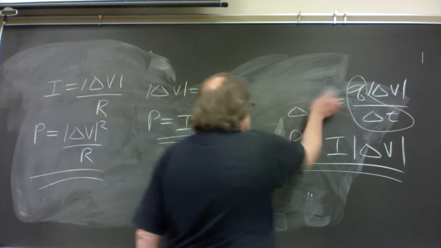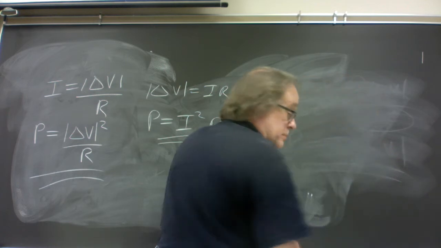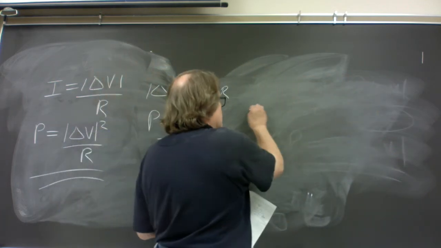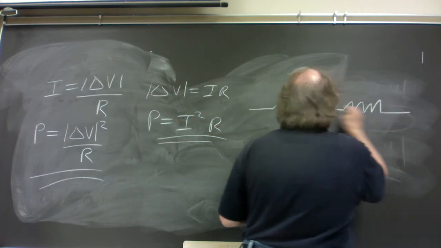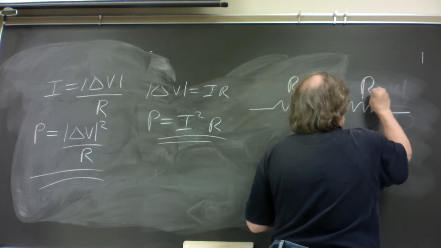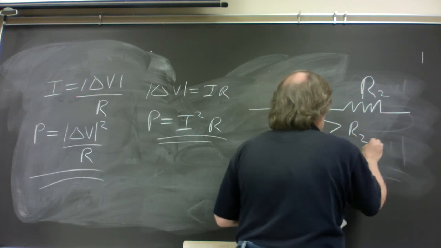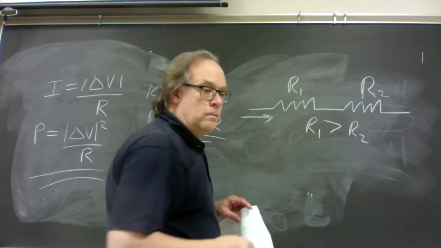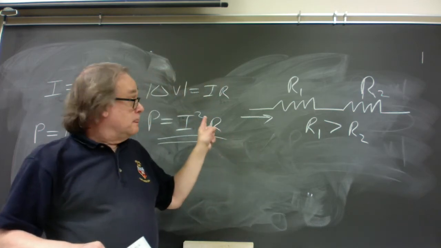First, just imagine two lumps of resistance in a row in the same path. Resistance 1, resistance 2, and we'll say resistance 1 is a bigger resistance, and there's current flowing through. Go back to that principle of conservation of current.